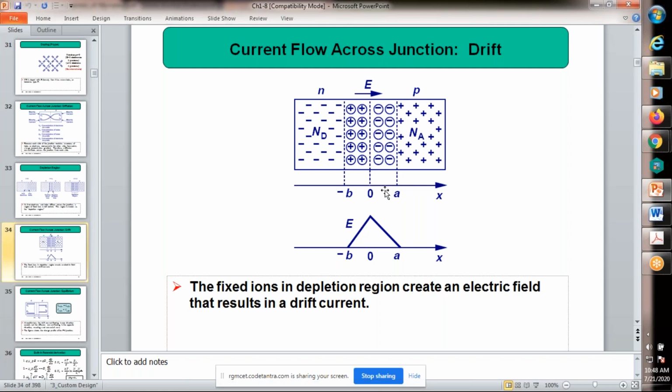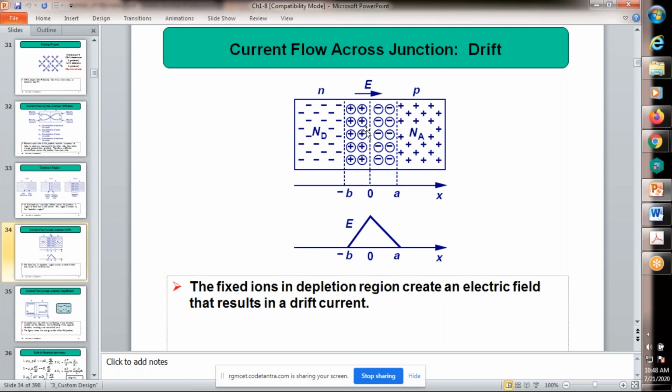Now, this drift current will oppose or stop the diffusion current. Why? Because in P-type material, holes are the majority. They try to move into the N side, but inside there is a positive charge, which will oppose the flow of holes coming from the P side.